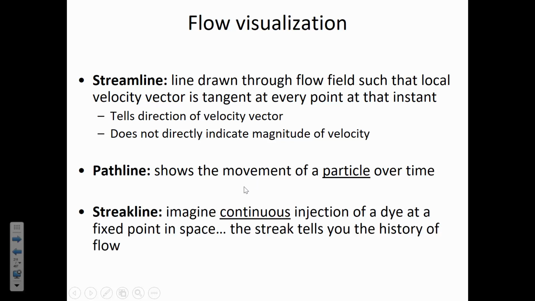A streak line is a little bit different way to observe the history of flow. Instead of just tracking a single particle, in a streak line there's the injection of a tracer at a fixed point, and then the streak will tell you the history of the flow.